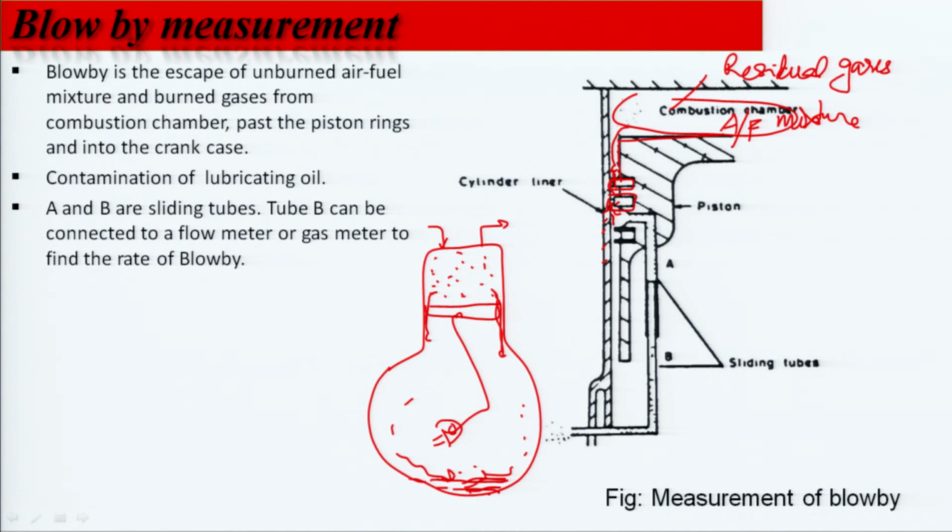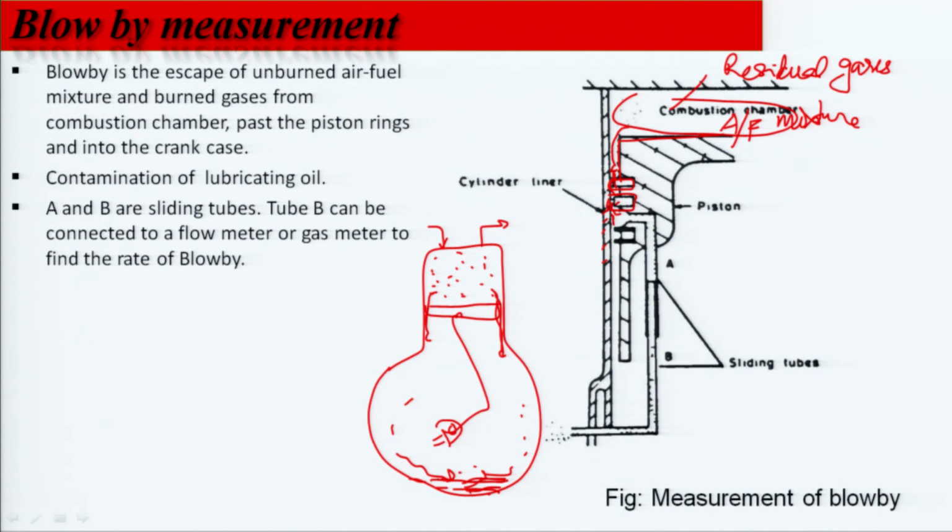So, blow by is the escape of unburned air fuel mixture and burnt gases from the combustion chamber. It passes the piston rings into the crankcase. A result is the contamination of lubricating oil, and it is measured with the help of a sliding tube device.